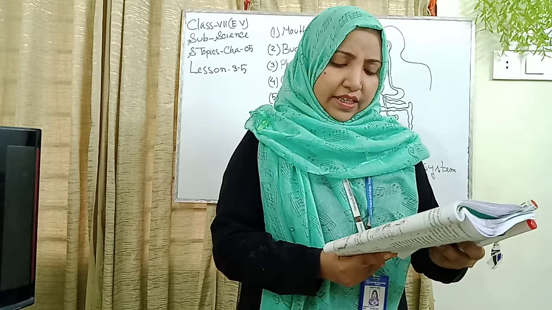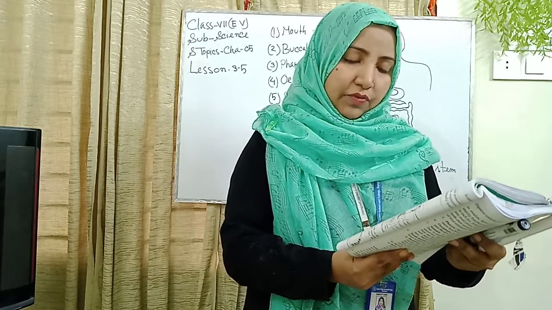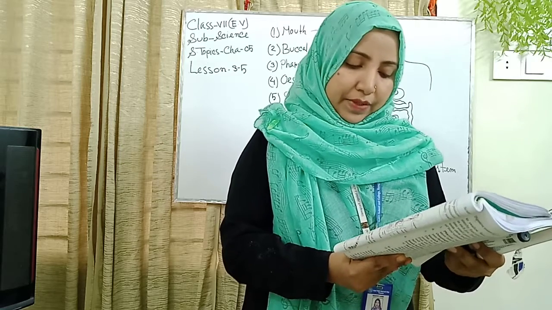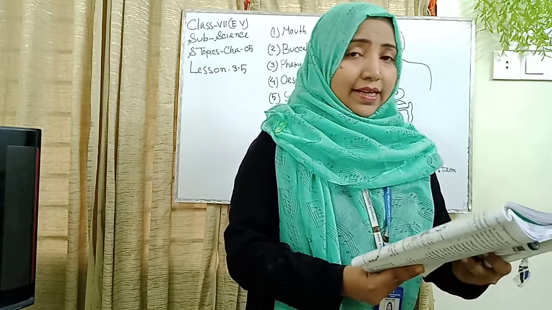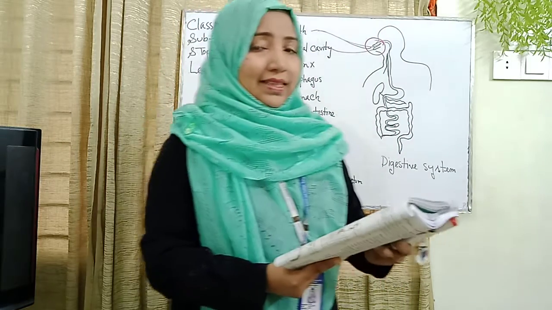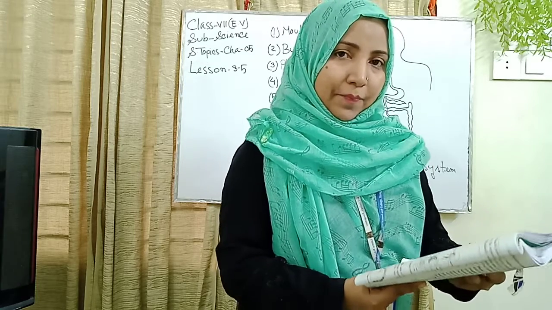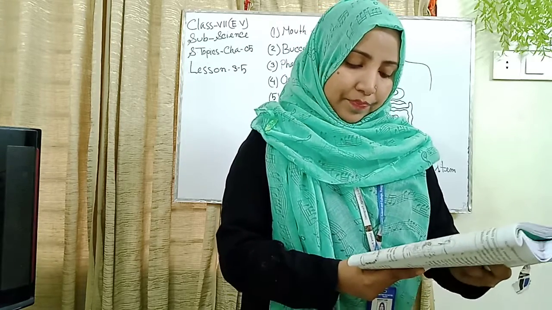The buccal cavity is surrounded by two jaws and teeth on the front sides. Above this there is the palate, and beneath there is the muscular tongue. There are two mechanical processes: one is the teeth in the front sides and another is the muscular organ, the tongue.